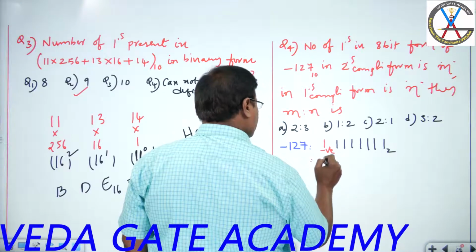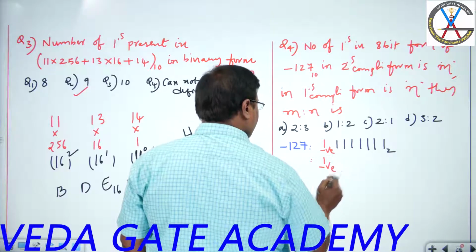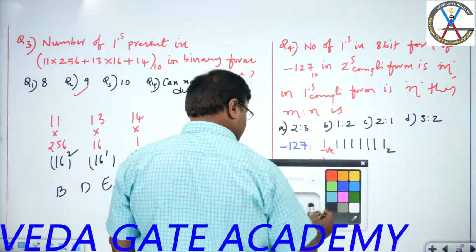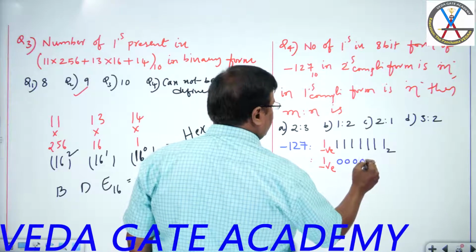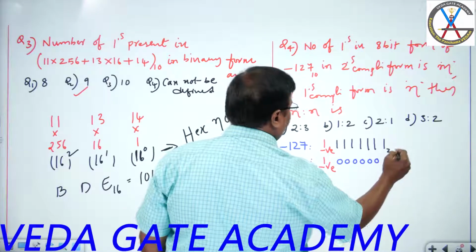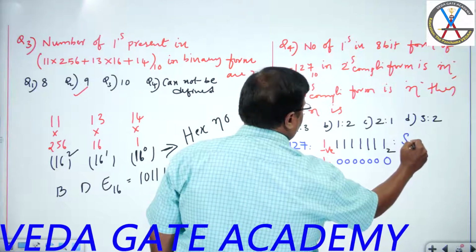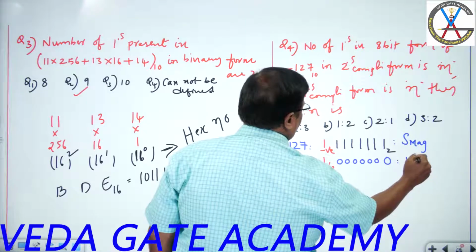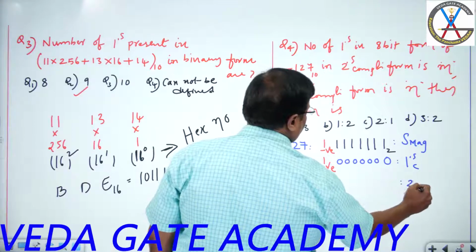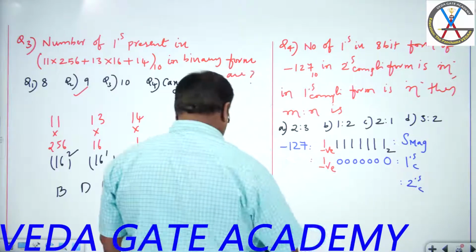First 1's complement, then 2's complement. Negative. The 1's complement answer is 1, 0, 0, 0, 0, 0, 0, 0. This is signed magnitude. This is 1's complement form. This is 2's complement form.